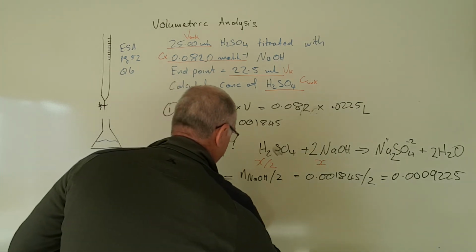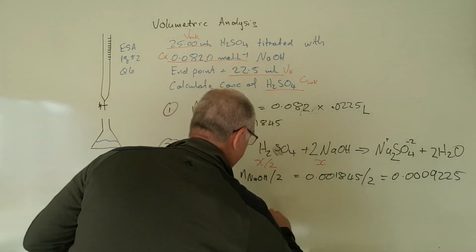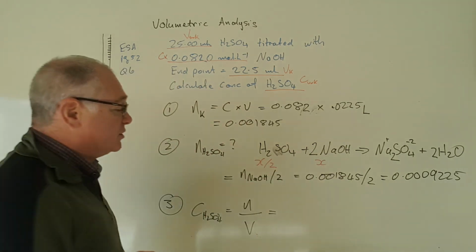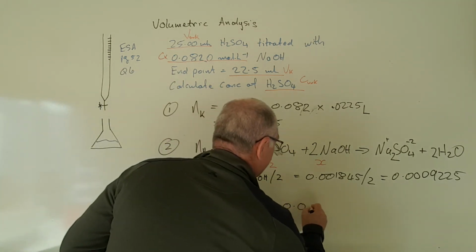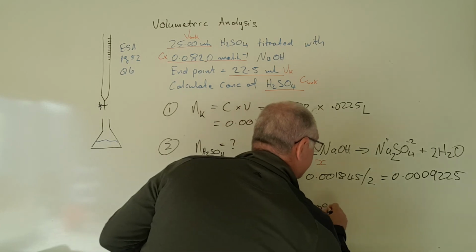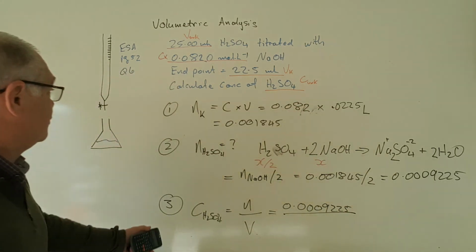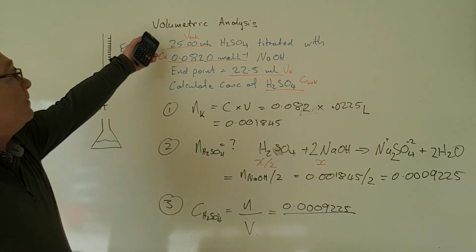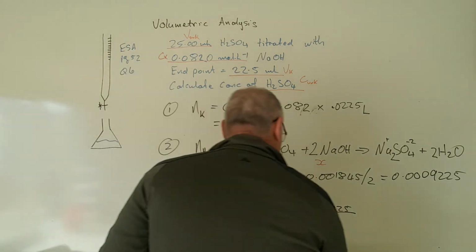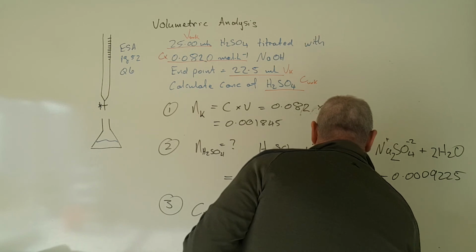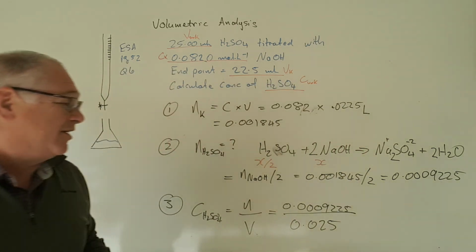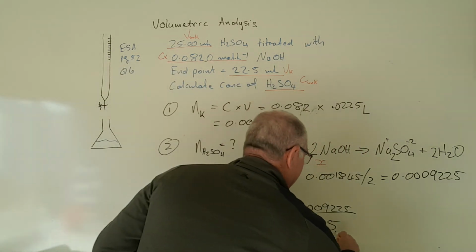And the third step is to calculate the concentration of the sulfuric acid. Concentration is the number of moles over the volume. The number of moles I've just worked out is 0.0009225. Simply leave those on the screen. The volume I'm told is 25 millilitres or 0.025 litres.